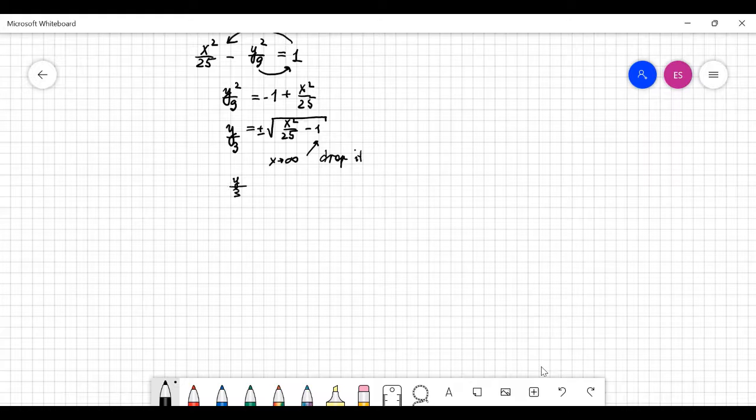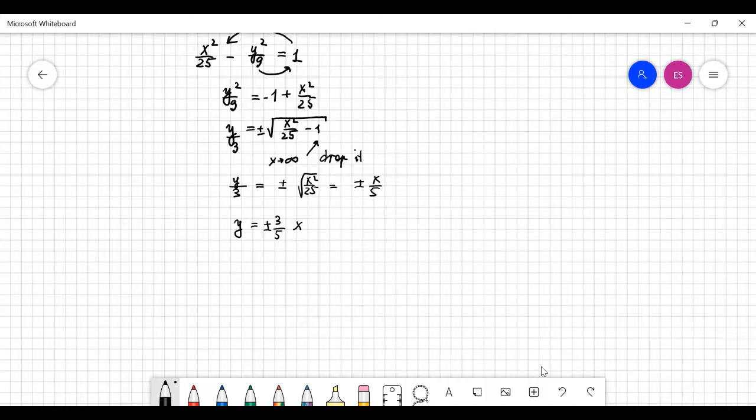We are going to have y over 3 equals plus minus the square root of x squared over 25, or plus minus x over 5, right? If you extract the square root. So y actually becomes plus minus 3 over 5 x, which is the equation of a straight line, and that's going to be the asymptote, actually, right?